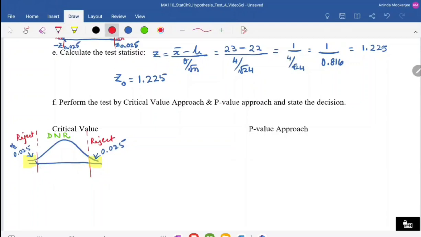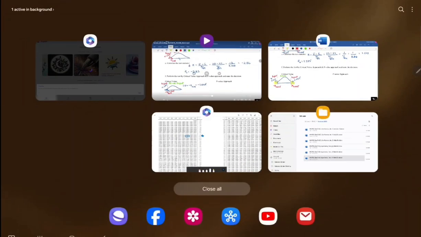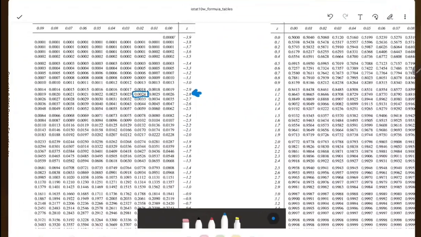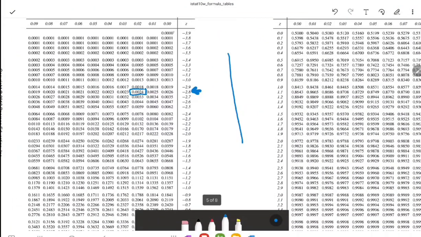So we will have a negative z of 0.025 and a positive z of 0.025, okay, on the right hand side. Now we have to go to our table. So let me see if I can pull up the table now.